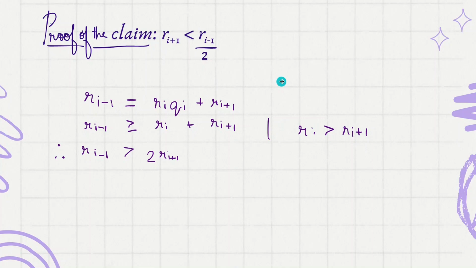Note that Q(i) is the quotient, and when you're dividing a bigger number by a smaller number, the quotient can only be greater than or equal to 1. So when we set the quotient to be 1, we say that this expression is larger than this. Agreed? And we also know that the remainder is smaller than the divisor. So using these two, we again say that this expression R(i-1) is larger than 2 times R(i+1). And that's what we had to prove.